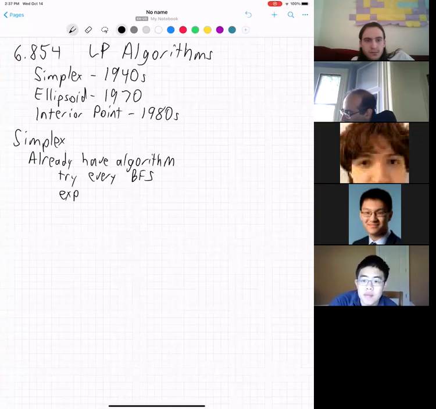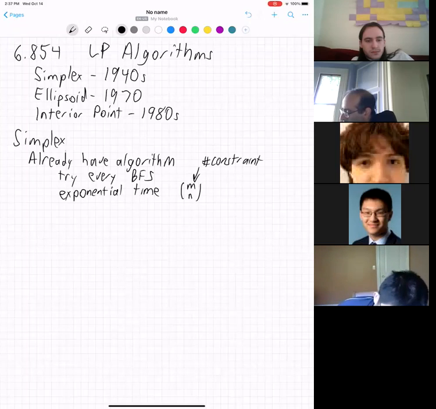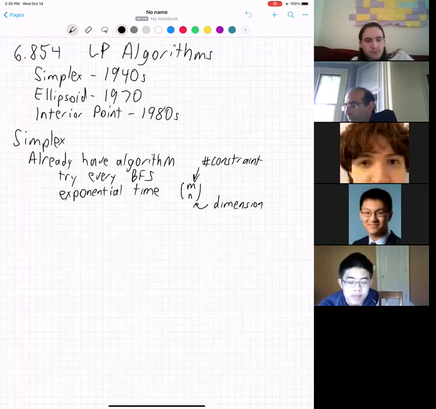You can get to the answer, but it's exponential time. More precisely, m choose n, where m is the number of constraints and n is the dimension of the linear programming problem.